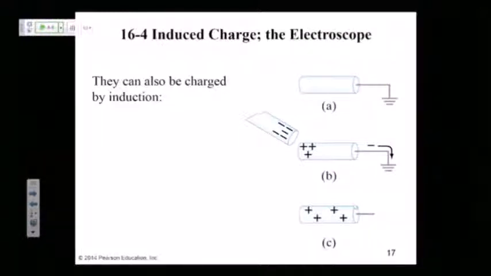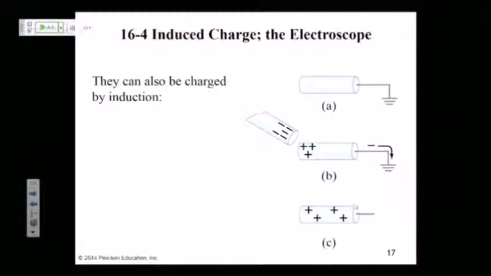This is another way to charge an object. We call it charging by induction. The first one was charging by conduction. The second one is charging by induction. As you can see in this illustration, you start with a neutral piece of metal connected to ground.